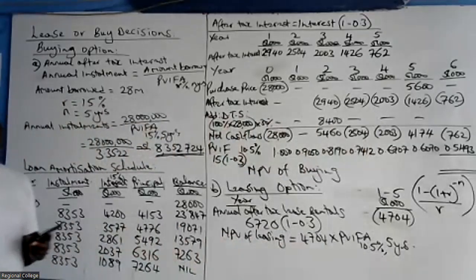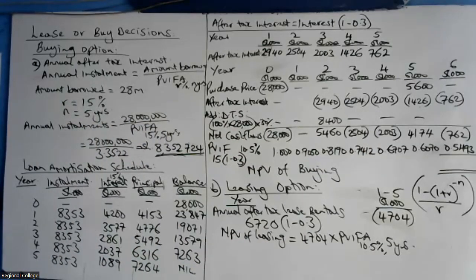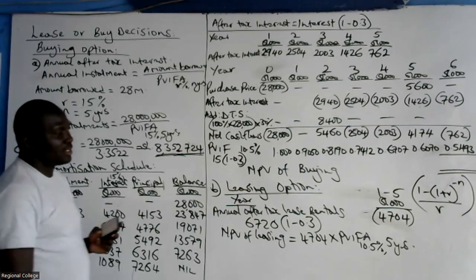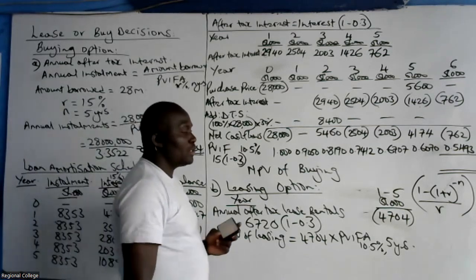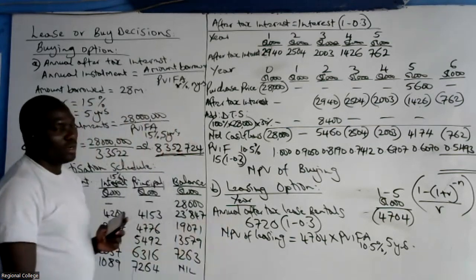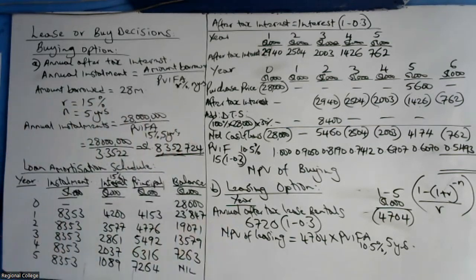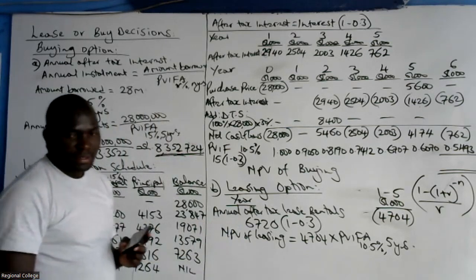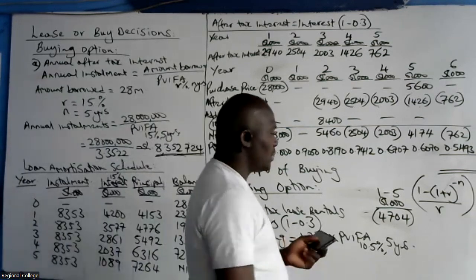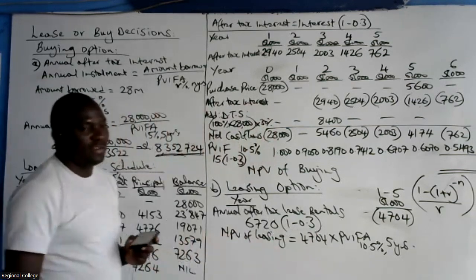Let's go together. Do it directly in one go on the calculator. So do for me 1 minus, without putting brackets, 1 minus 1.105, don't press equals, raised to a negative 5. 1 minus 1.105 raised to a negative 5 equals.